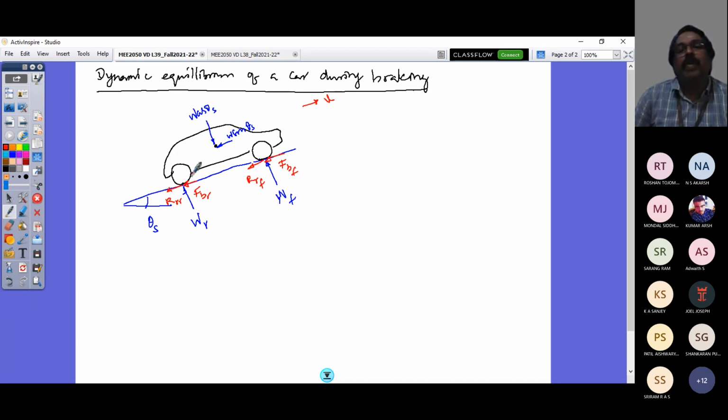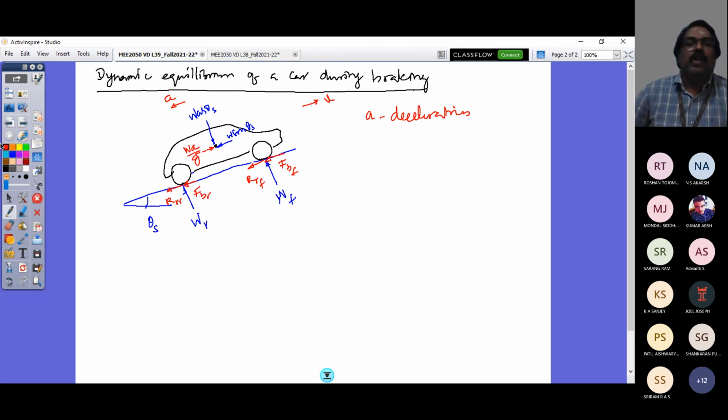The load transfer would be from the rear to the front, and the direction of deceleration is in this direction, so I would have an inertial force in the forward direction. That's called D'Alembert's force for an equilibrium, and that would be W a by g, where a refers to the vehicle deceleration.